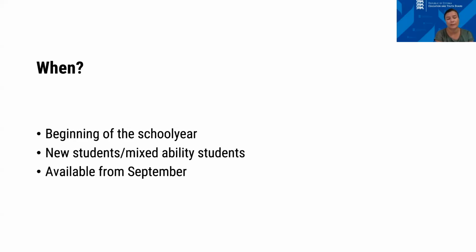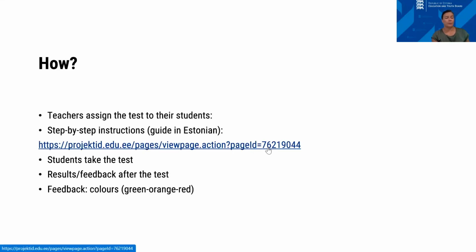One of the tests, the B1 level test, is already available, and the other ones, A2 and B2, will become available starting from September. So as I mentioned, the tests are available in EIS, and they are available for the teacher.